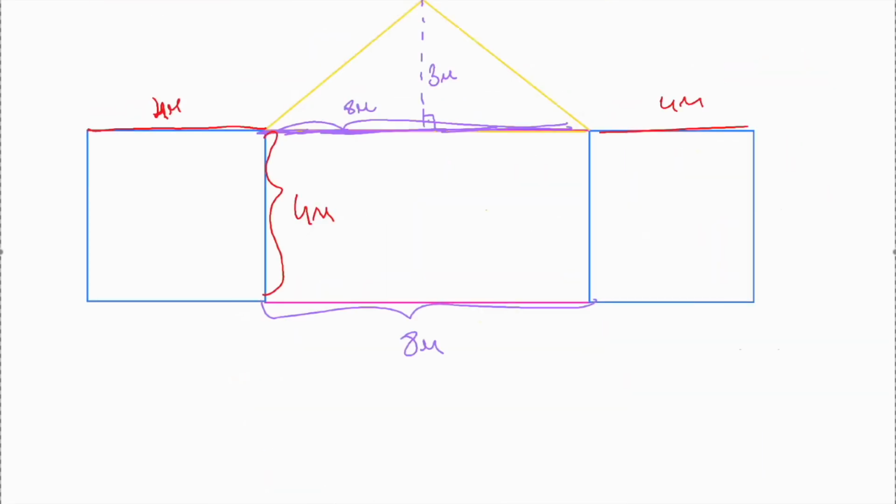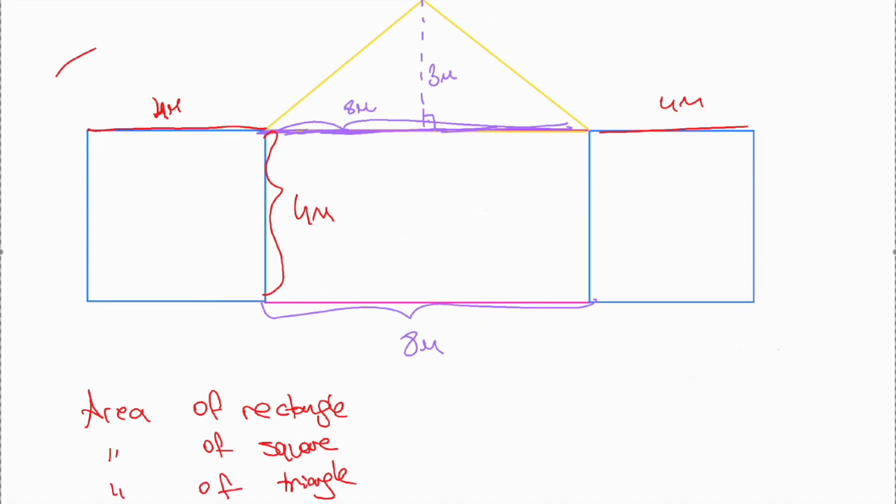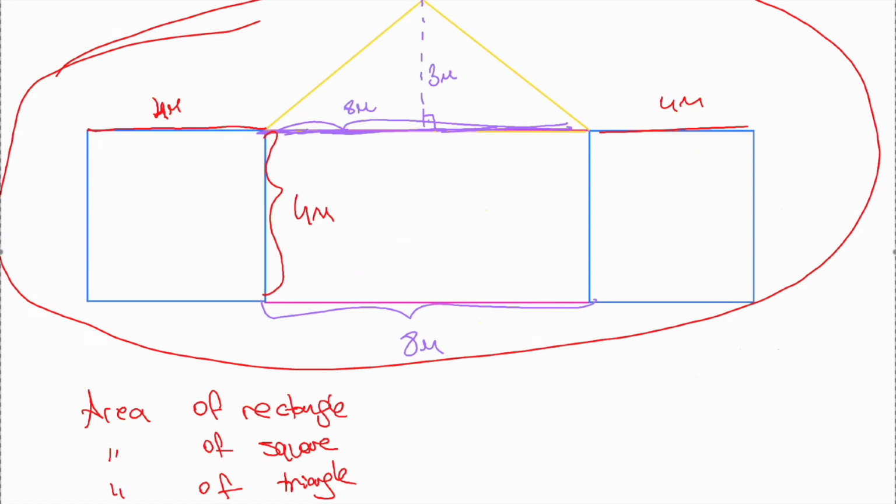Okay, let's solve this problem. Area of rectangle, area of square, area of triangle. We need to find them to find the total area for the playground. So for the rectangle, we know that 8 meters times 4 meters equals 32 square meters.